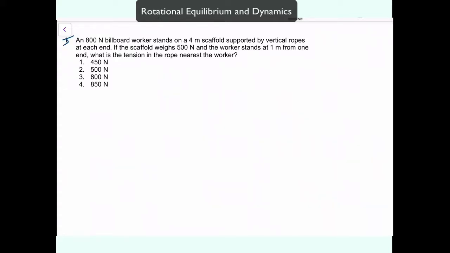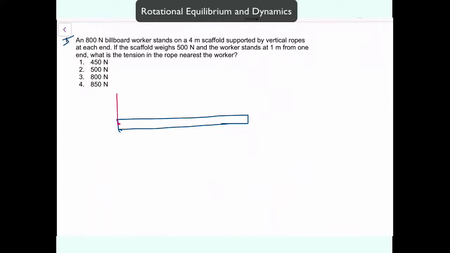The problem states an 800 Newton billboard worker stands on a 4-meter scaffold supported by vertical ropes. If you refer to most textbooks, they have a similar example that is fully solved, but this is directly from the problem.